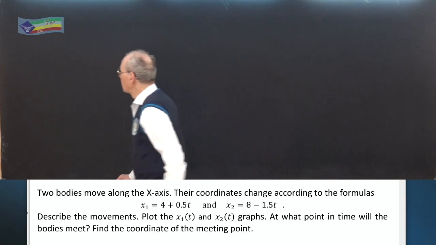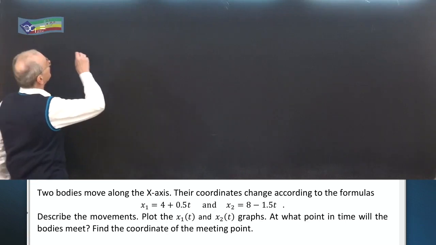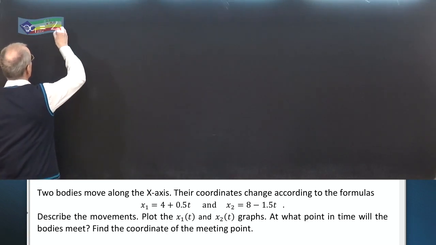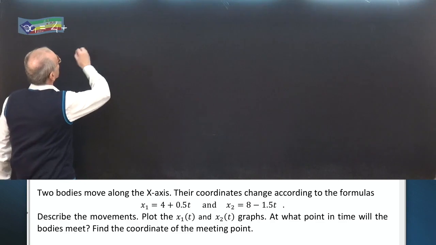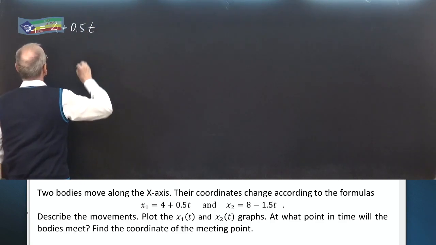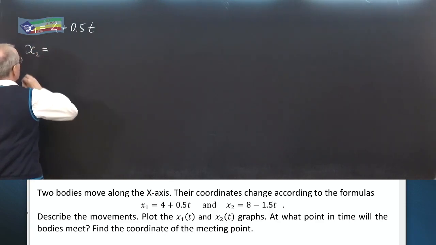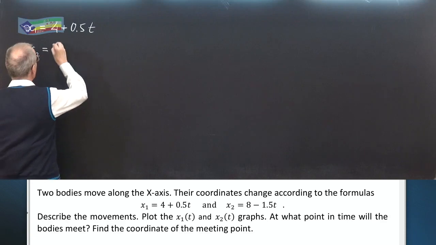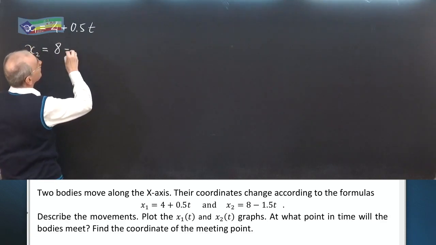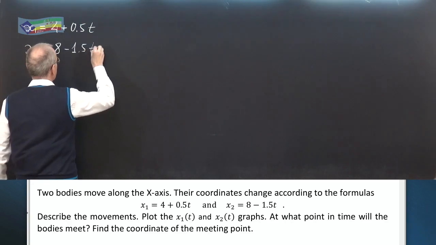So, the equation of motion of the first body is x1 equals 4 plus 0.5 times t, and x2 equals 8 minus 1.5 times t.